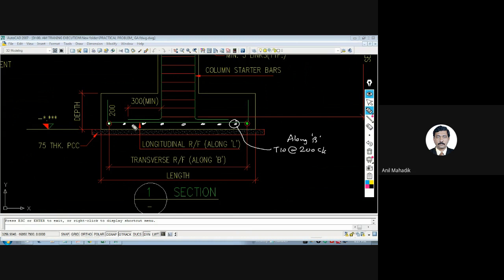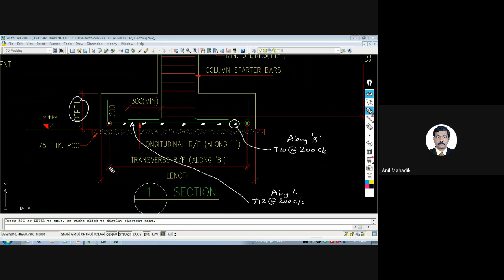And this one is your longitudinal reinforcement, let's say T12 at 200 center to center, which is nothing but along L. So you'll put the reinforcement accordingly.